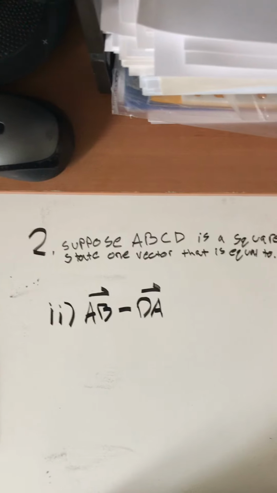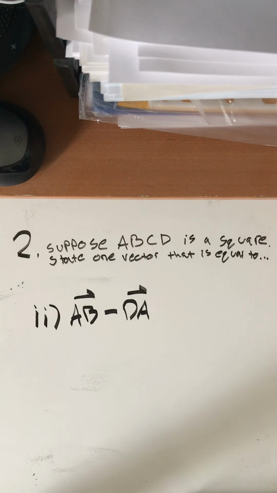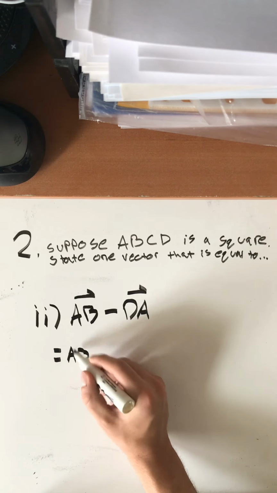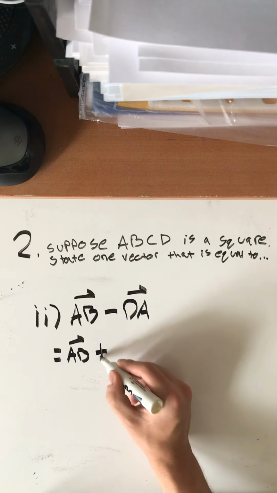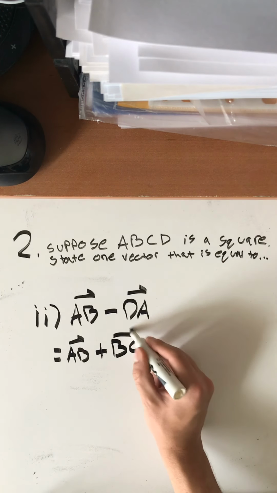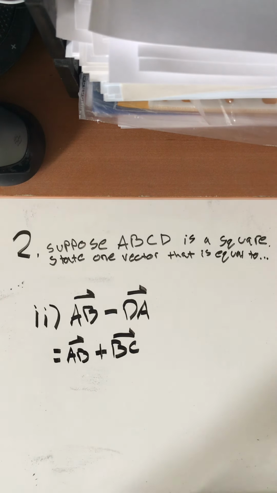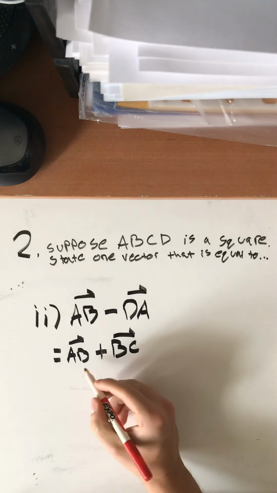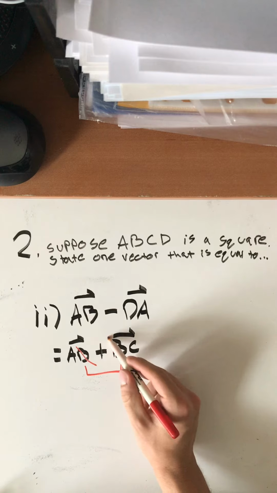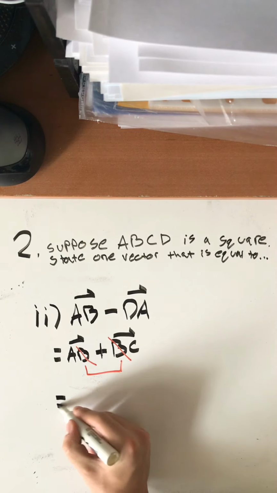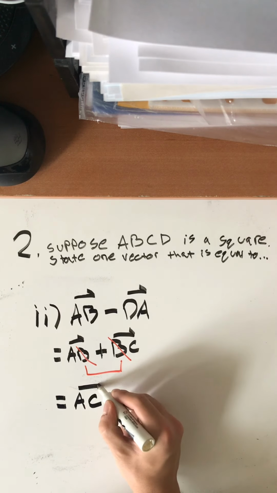So let's come back to our algebraic equation. With the new knowledge that we have, we can rewrite this to vector AB plus vector BC, because now we have two like terms, B and B. We can do what we did in the first question and cancel out these like terms. And that will equal vector AC.